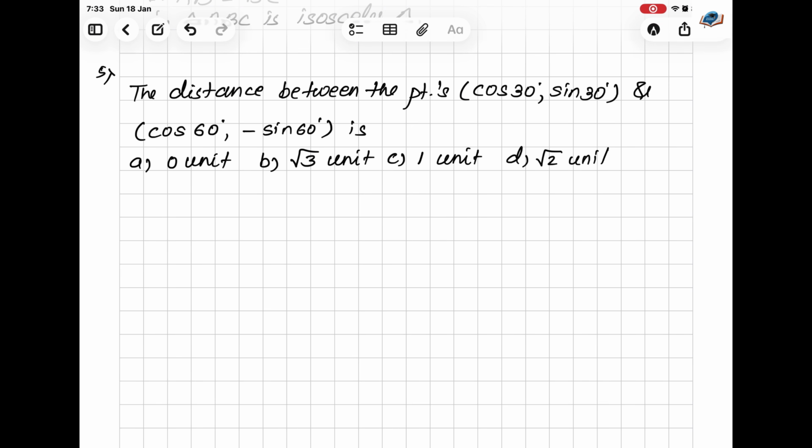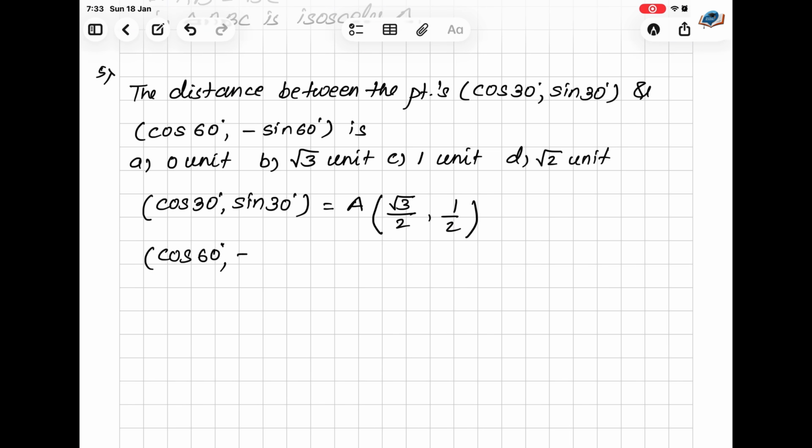So, first of all, let us find what will be the cos 30 degree, sin 30 degree. If I use my trigonometric table, I can say A point will be (root 3 by 2, 1 by 2). And the second one is cos 60 degree, minus sin 60 degree.